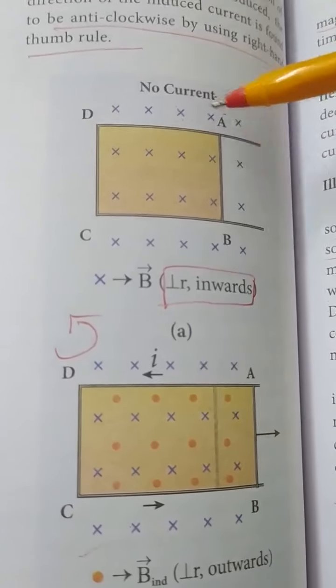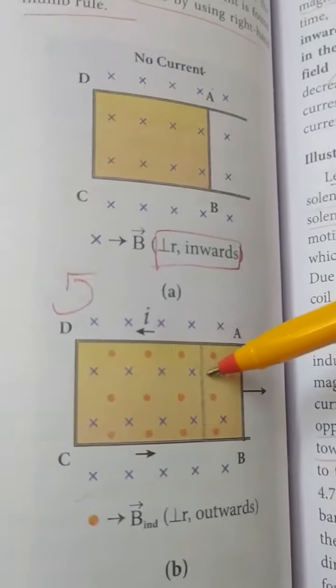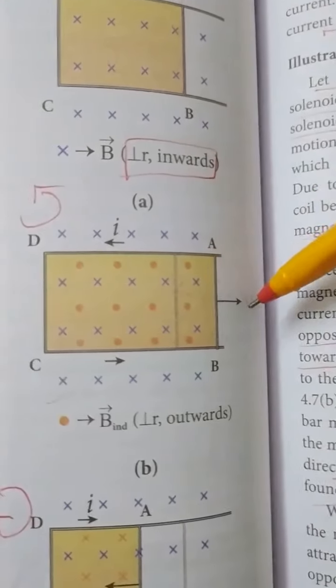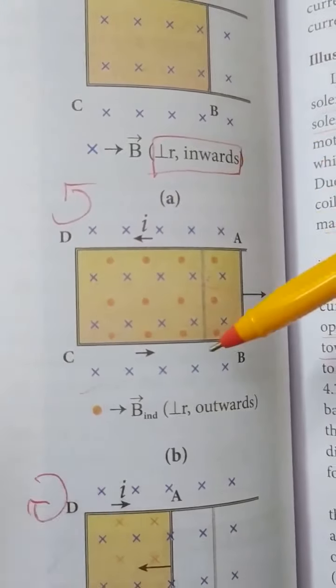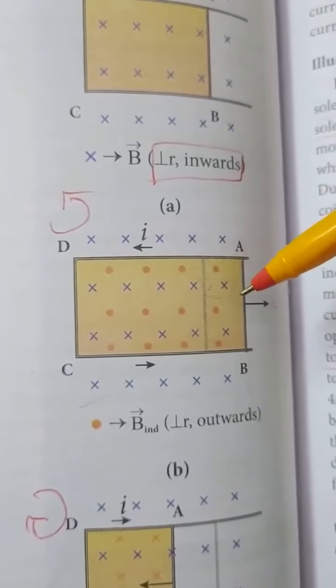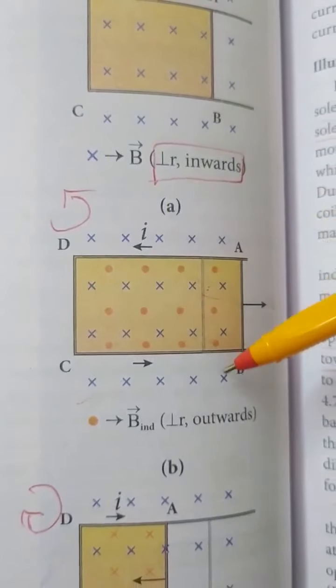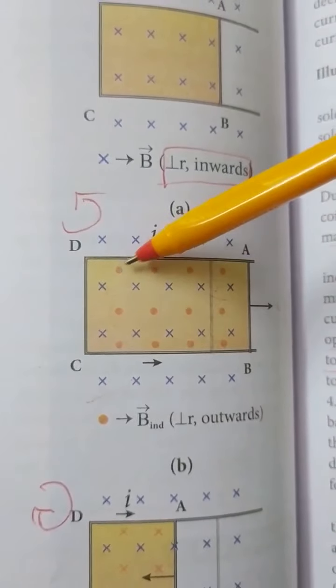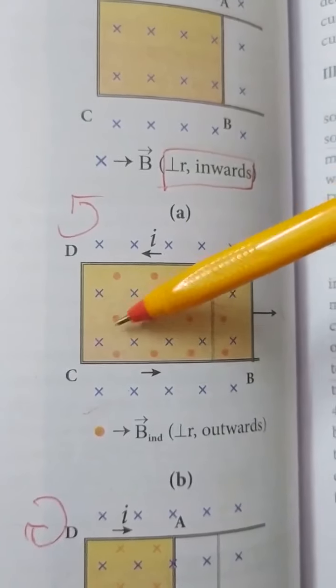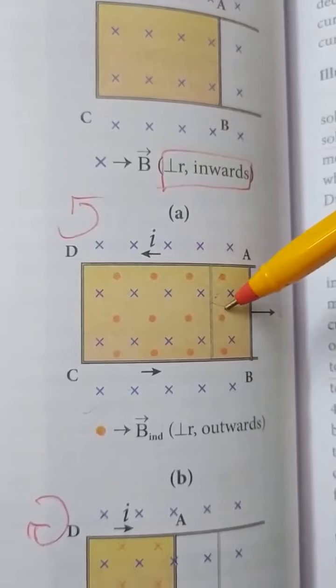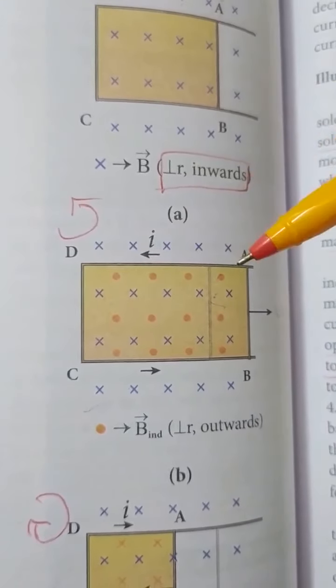And suppose the rod AB is pulled in this direction, the magnetic flux here increases. So there will be an induced magnetic field and this will be outwards, and these red dots show that the induced magnetic field is in the outward direction.